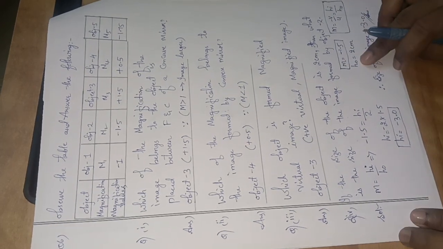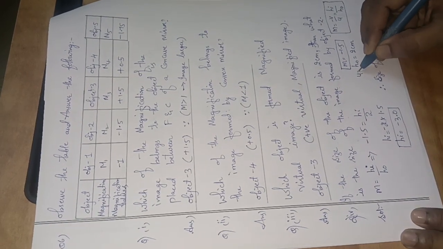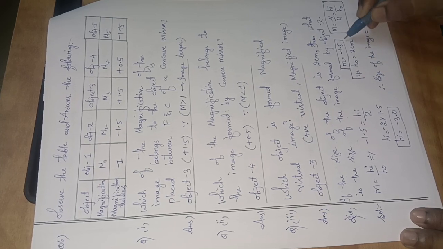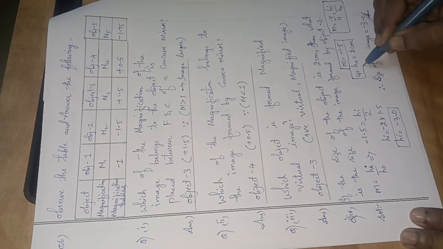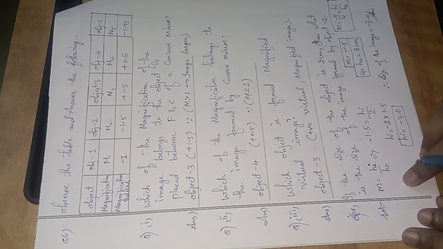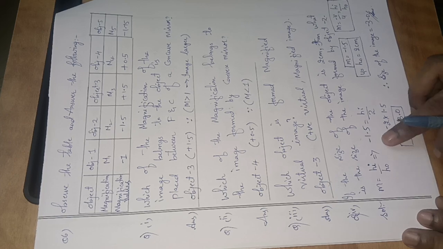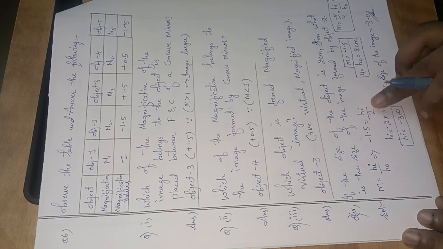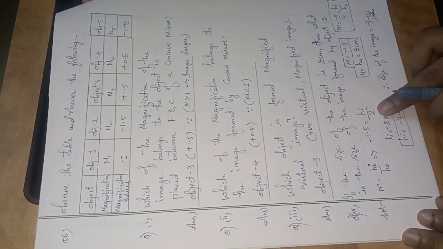So this u is equal to height of the object, that is 2 centimeters. Now substitute the values in the magnification formula. M is equal to height of the image by height of the object. So m is minus 1.5, height of the image you don't know, and height of the object is 2.